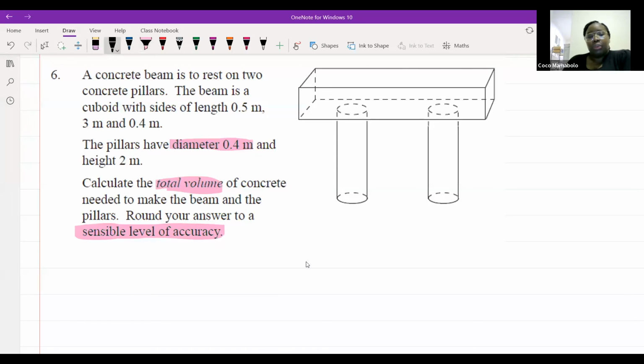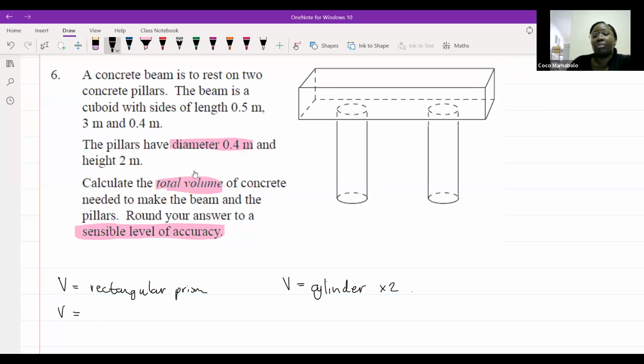So we know that we've got the volume of the rectangular prism, and then we're going to get the volume of the cylinders, but we're going to find the volume of the cylinders times 2, because there are 2 cylinders. Times 2, correct, Pascal. Good, so we can find the volume of our prism. That's easy enough.